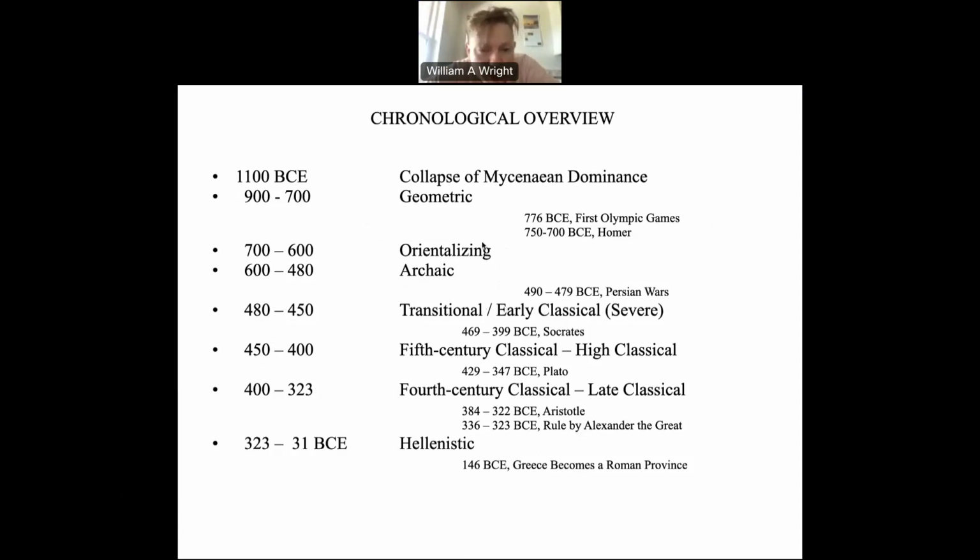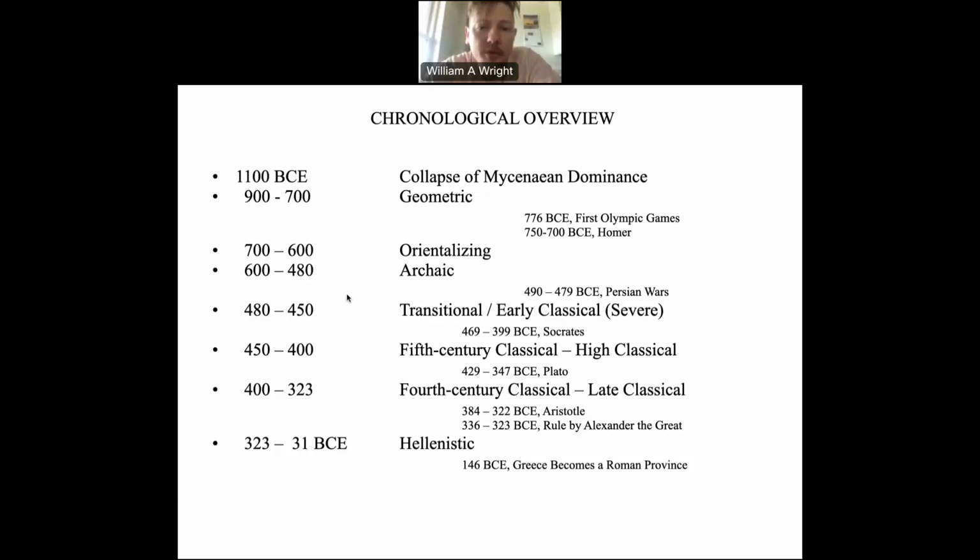It means other, essentially. It's not really about connection to Asia or anything like that. I think the time of 700 to 600 BC is when Greece starts to have a broader worldview, right? They start to see outside of themselves. And then we get to Archaic, early Classical, all the way through the Classical, and then into the final era of Hellenistic, as Greece recedes and becomes a province of Rome.